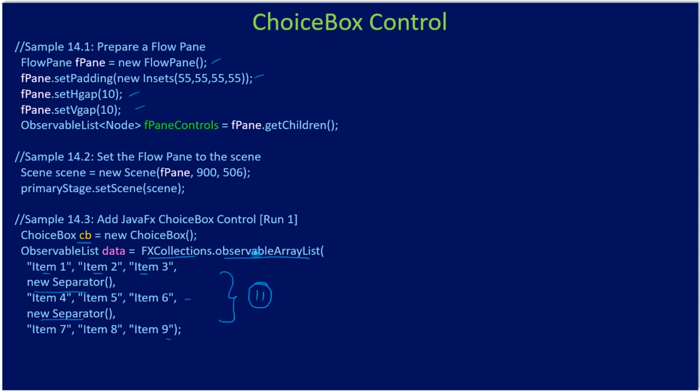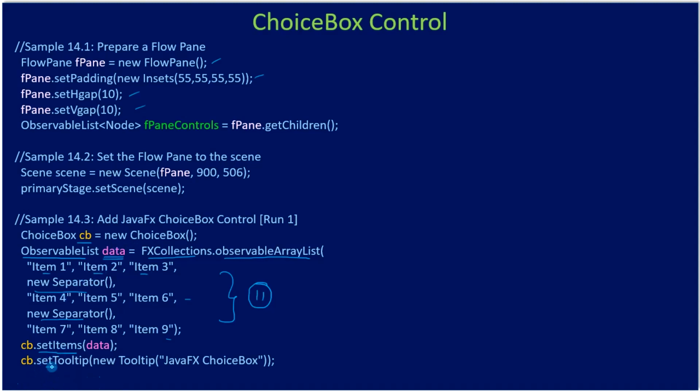ObservableArrayList forms the collection and returns an observable list, and we are storing that in the reference data. After that, we call the setItems method on the choice box and we pass this data here. This way we are setting the items to the choice box.